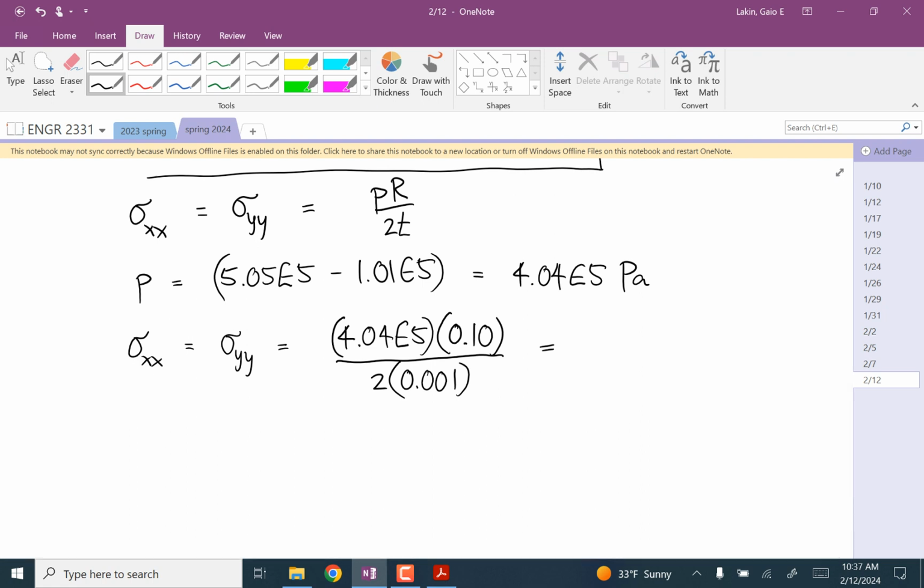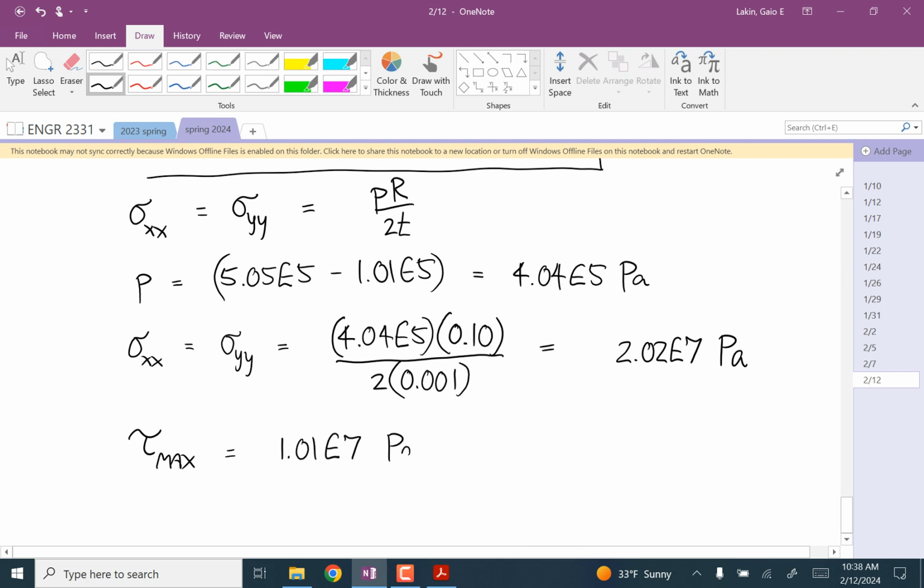And you get a principal stress of 2.02 times 10 to the 7 pascals. Those are the XX and YY normal stresses, so the maximum shear stress is half that, 1.01 times 10 to the 7 pascals.